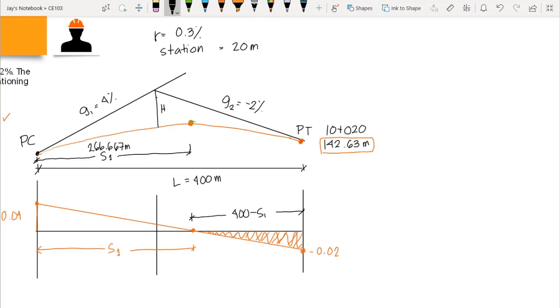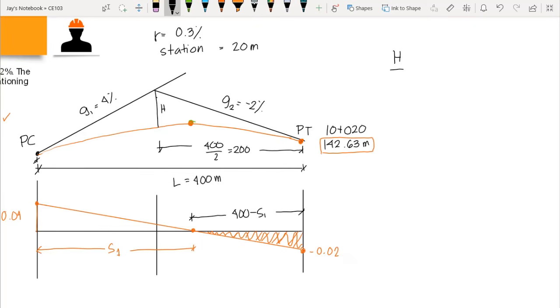So that means if we have H, the vertical offset, so H over, now we know that the distance between H to the PT is just 1/2 of the length. That is, we have 400 divided by 2, okay, or this is 200 because this is symmetrical parabolic curve.